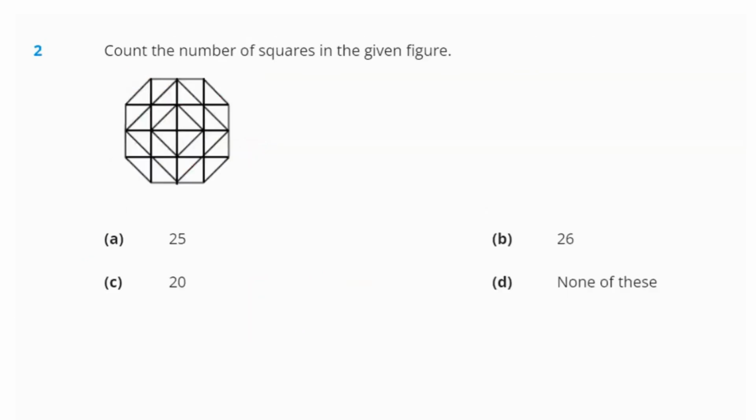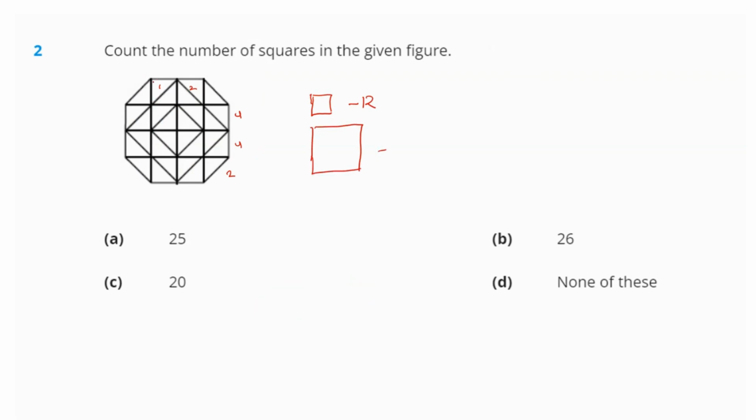Count the number of squares in a given figure. So firstly, let's count the squares of this size. It is 1, 2, 4 here, 4 here, and here. It's 12. Now some big squares of this size.